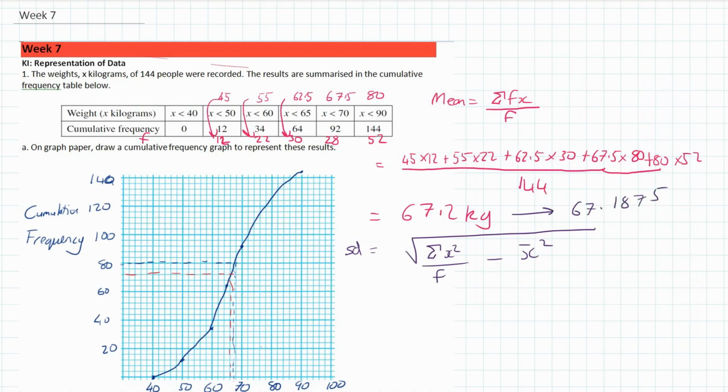So I'm going to say 67.1875, and then, here we go, equals, we're going to put this whole thing here.